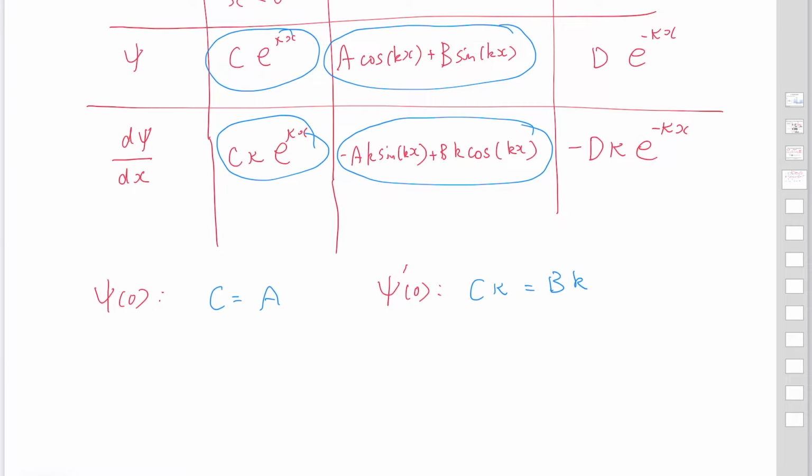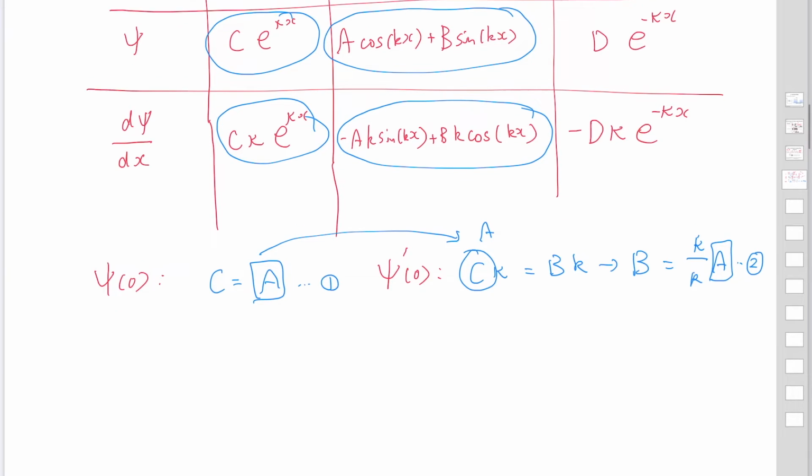So from these equations, you can find b is expressed as kappa over k times a. Okay, so this is equation 1, and this is equation 2. So b and c are expressed with capital A.